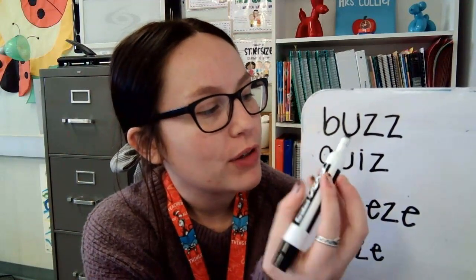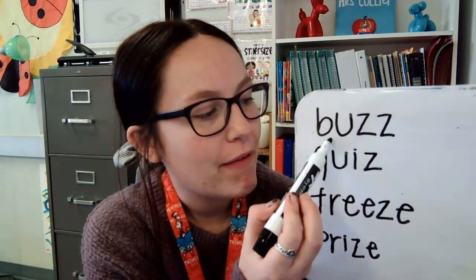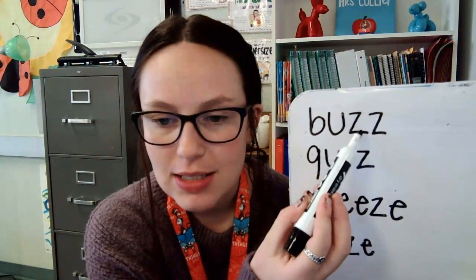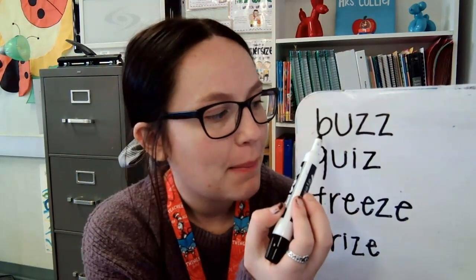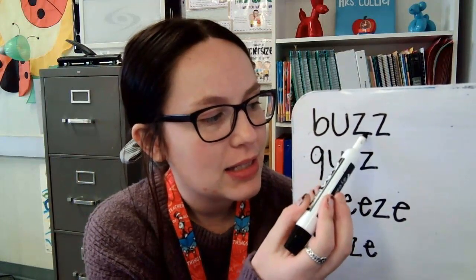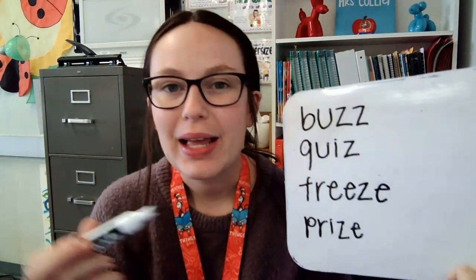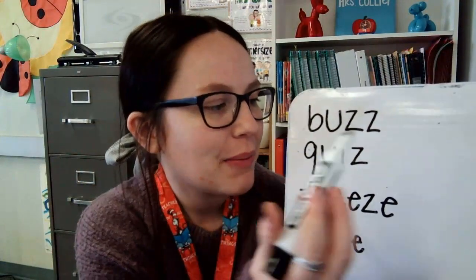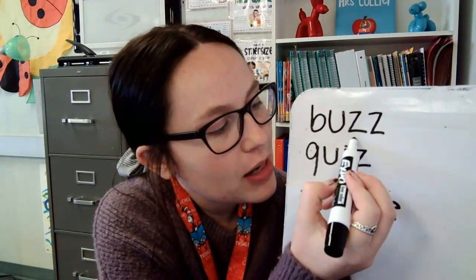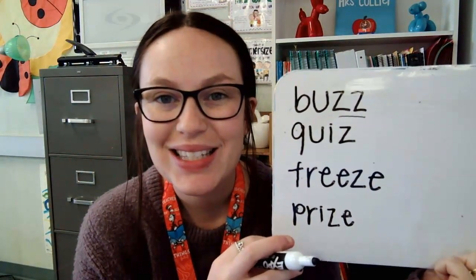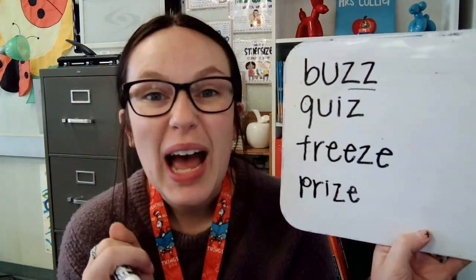So let's look at our first one. We have B, Z, buzz. Put it all together. Buzz. Like a buzzing bee. We have a double Z in this word. It still makes the Z sound. This word has both of the sounds that we're working with.